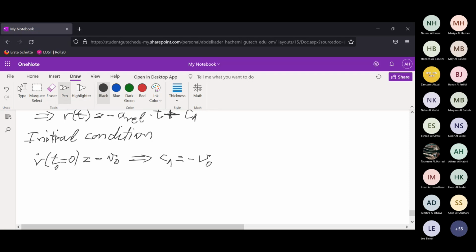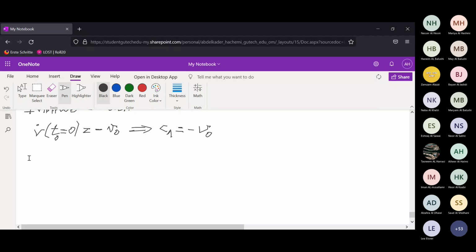That means we now have r dot at time t equal to minus a relative multiplied by time t minus v0. This is the expression for r dot.